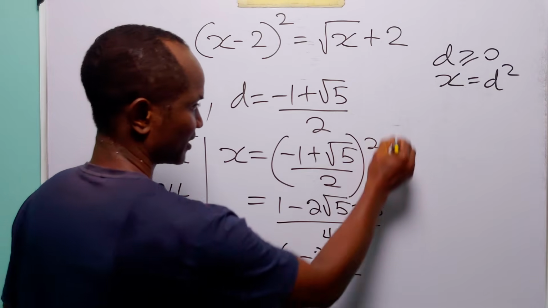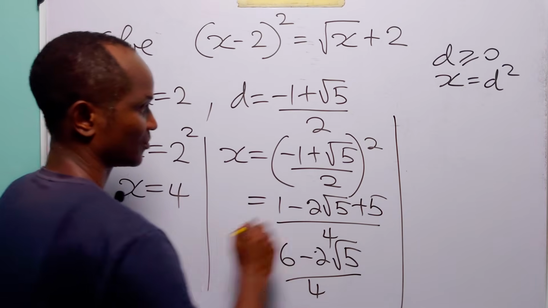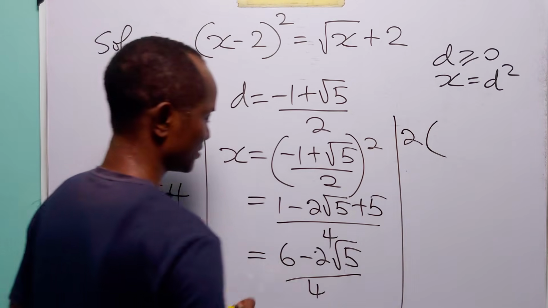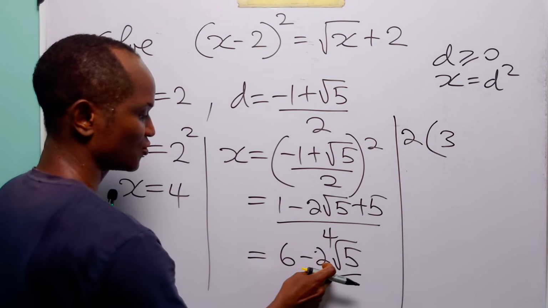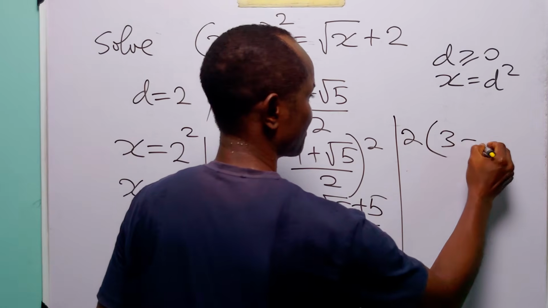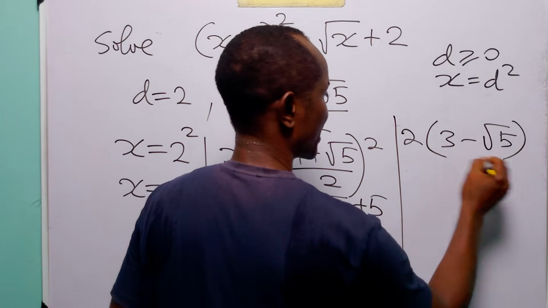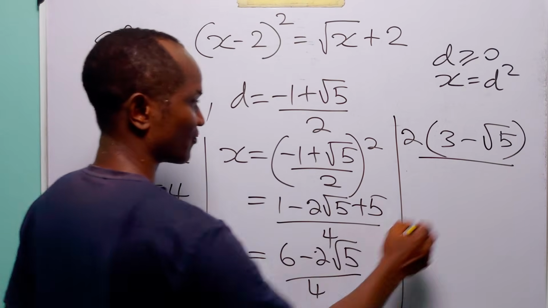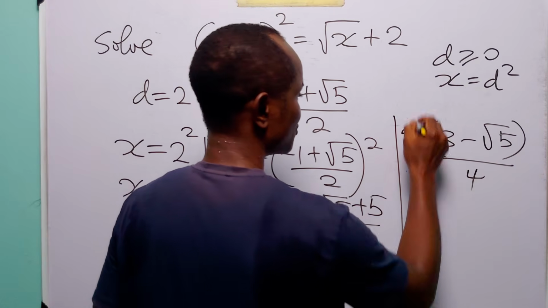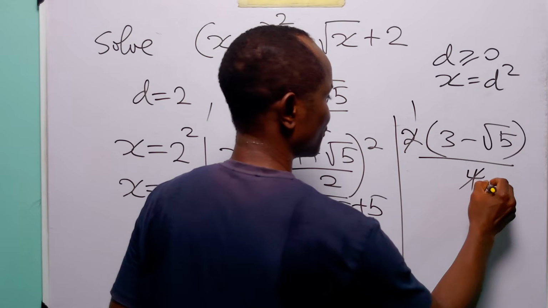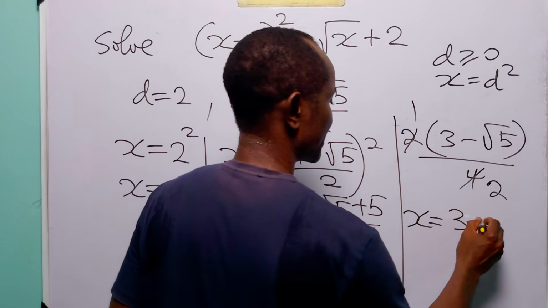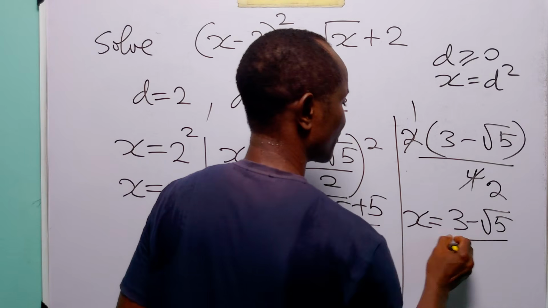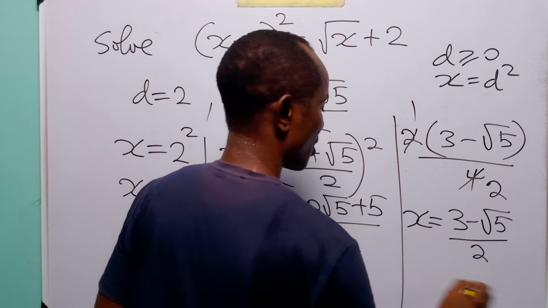But of course, we can factorize this. We have 2 into 6 divided by 2 is 3. Minus 2 root 5 divided by 2 is minus root 5. And this is over 4. 2 into itself is 1 and into 4 is 2. So we have that x is equal to 3 minus root 5 over 2.